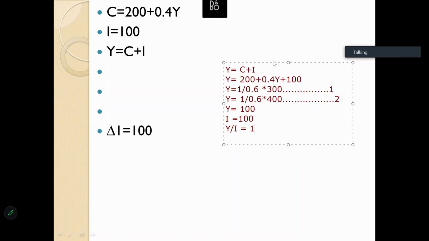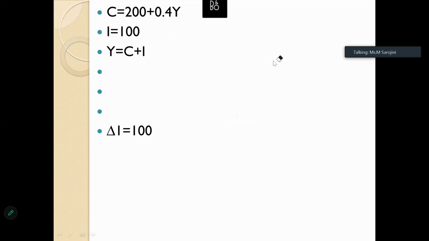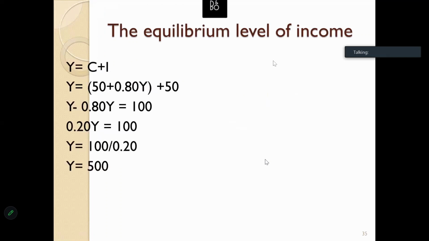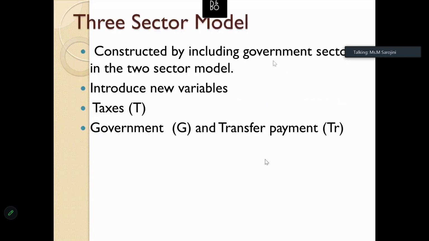Right. You can go through the examples and derive the things. Now, we will move to the three-sector model in the equilibrium level of income determination.